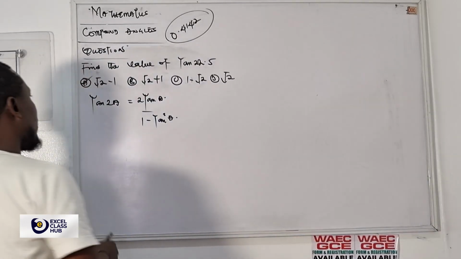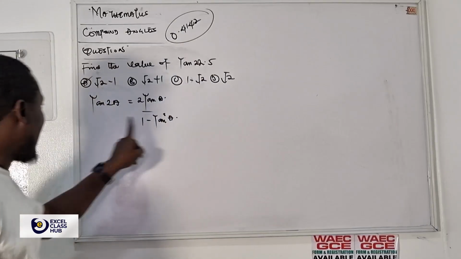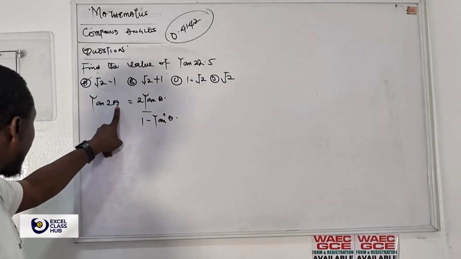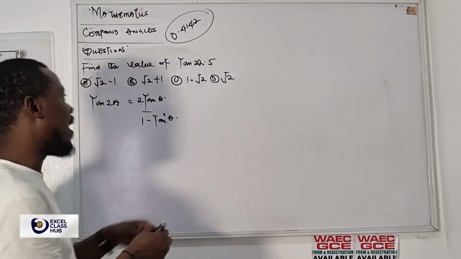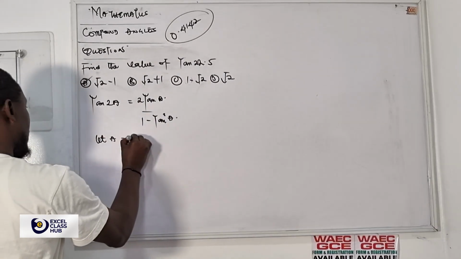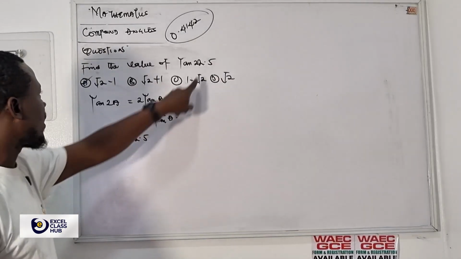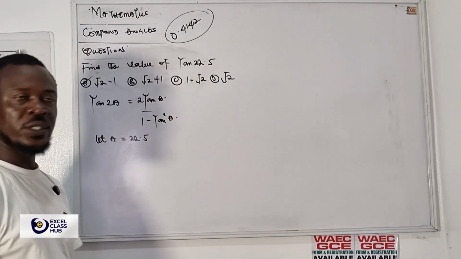What am I trying to say in a nutshell? Your question is tan 22.5. This is tan and this is A, which is 22.5. So you write: let A equals 22.5. Anywhere you see A here, you change it back to 22.5.